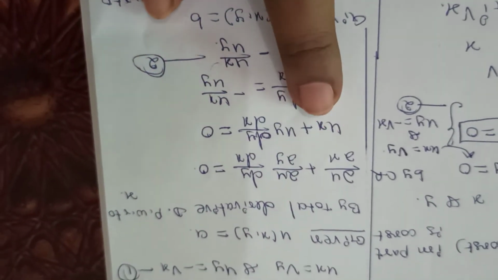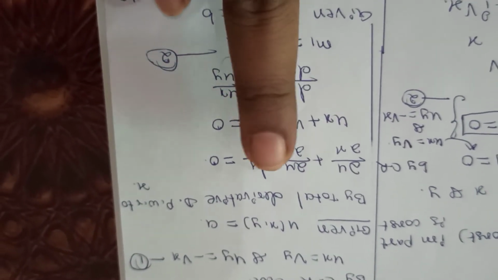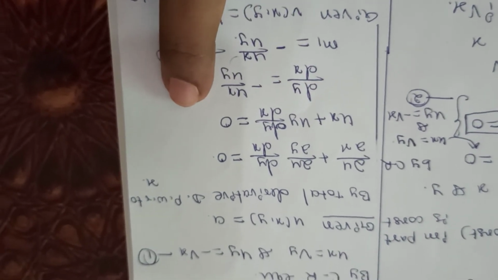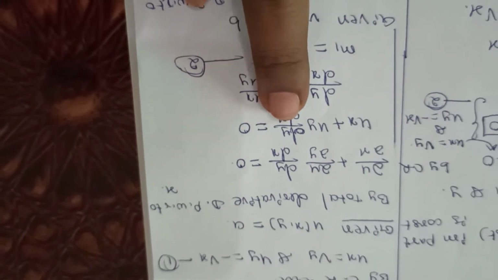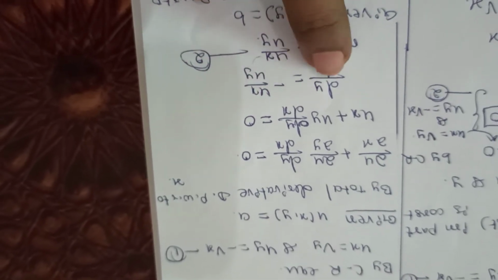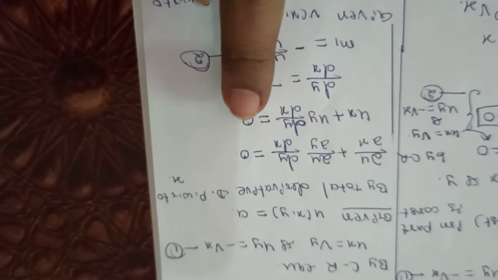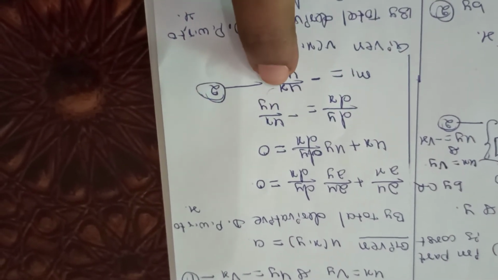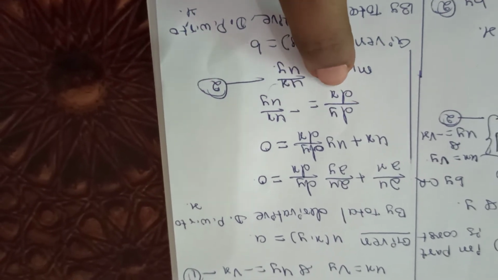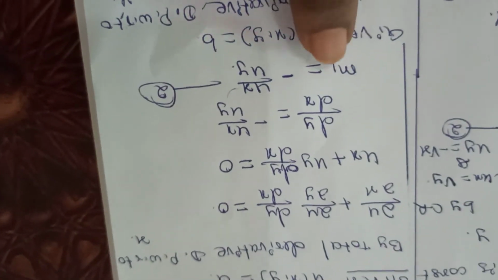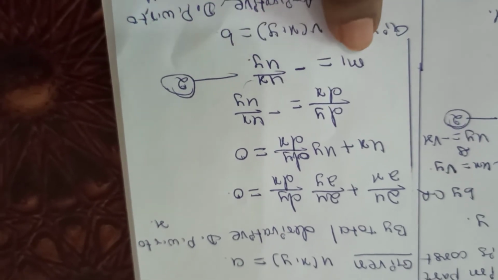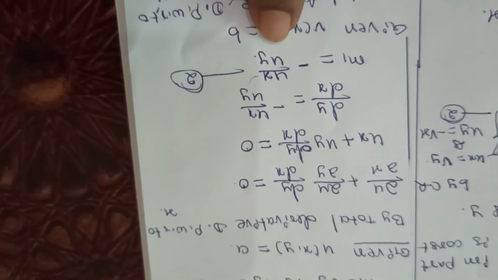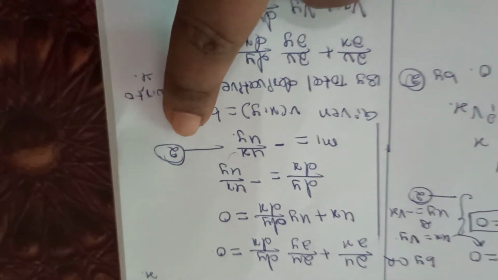That is ux + uy × dy/dx = 0. To find dy/dx, we get dy/dx = -ux/uy. Since dy/dx is the slope of the curve, m1 = -ux/uy. Take this as equation number 2.